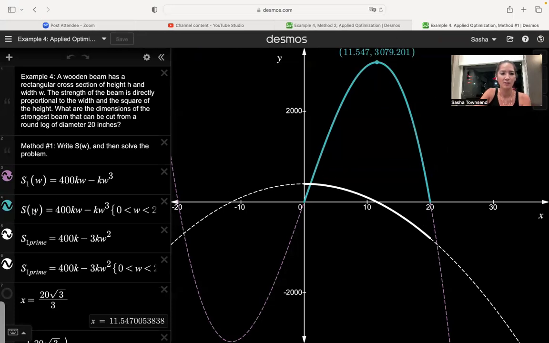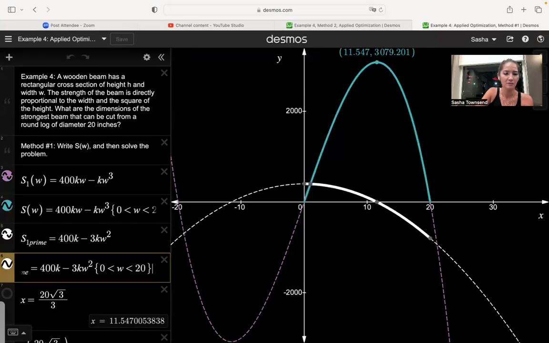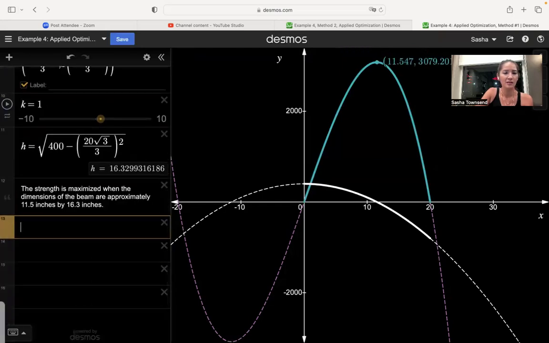We solved for the strength as a function of width. We said the optimum width is at 11.55 inches. And we said the strength is maximized when the dimensions of the beam are 11.5 inches by 16.3 inches. That was method number 1. And we found the strength in terms of W, or the width.